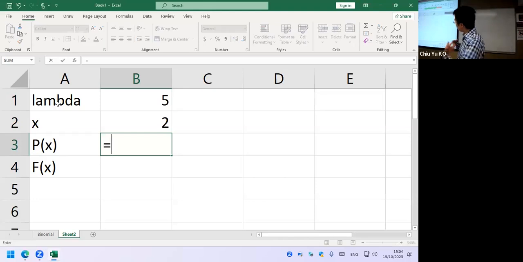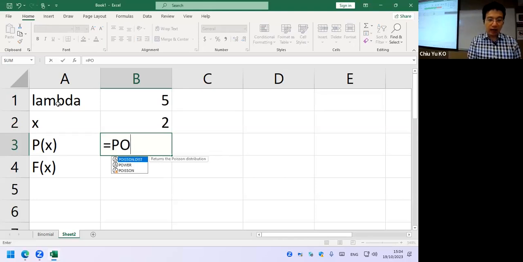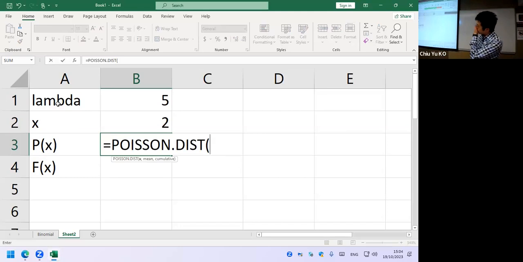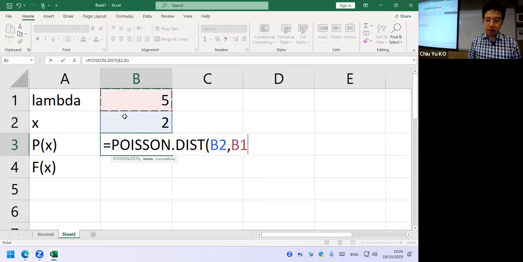Poisson is only one simple thing, just lambda. POISSON.DIST, put the X in B2, and I put the mean, which is lambda, and I put false, because that is the P.